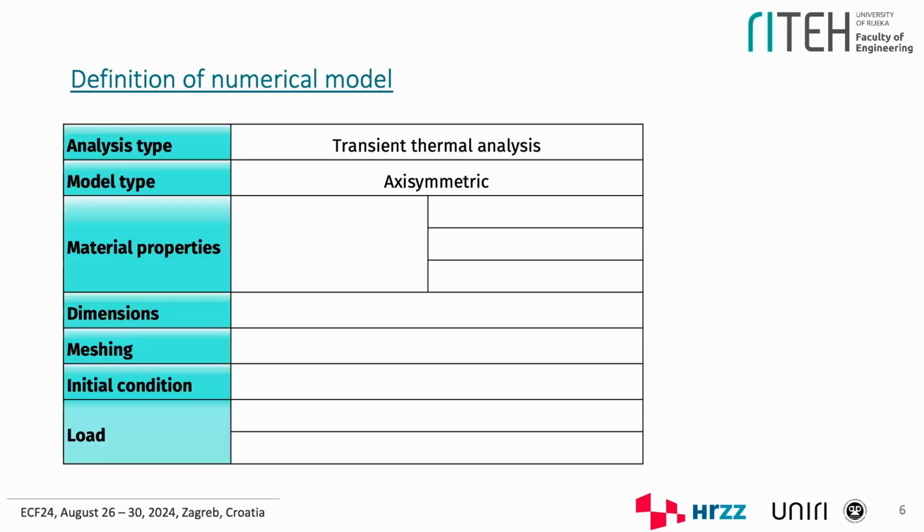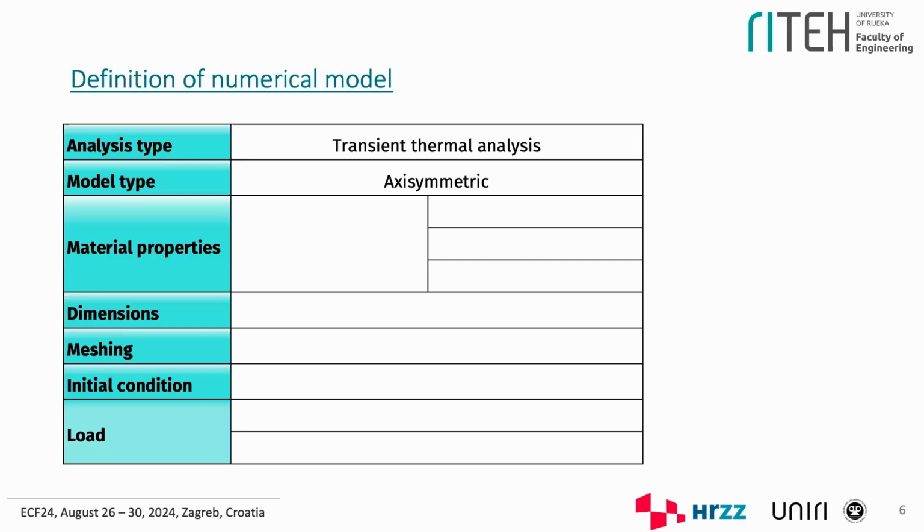We started modeling, trying to describe the same situation we had with the reference curves. As I mentioned, the analysis type is transient thermal analysis. The model was approximated to an axisymmetric model.